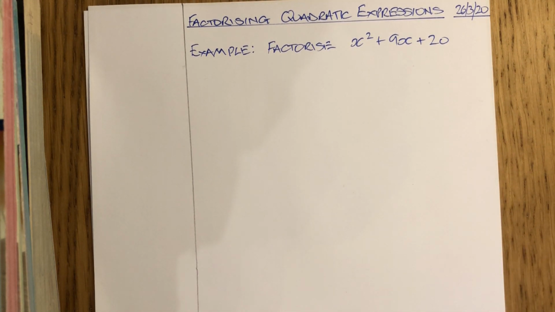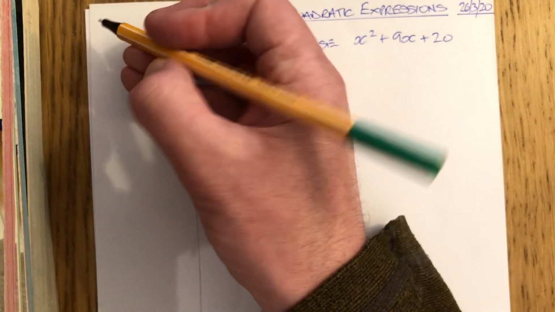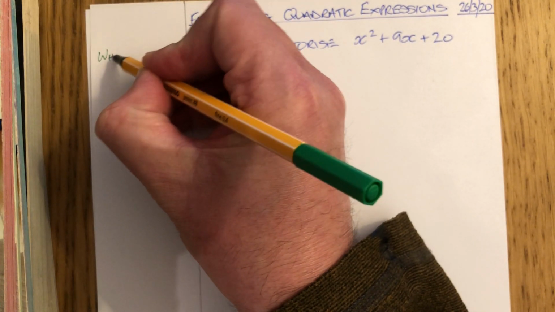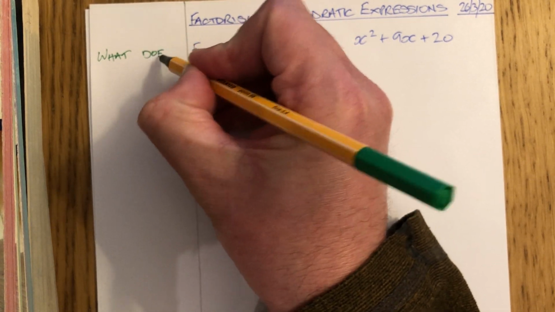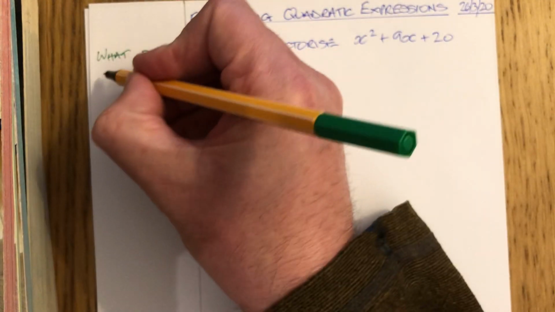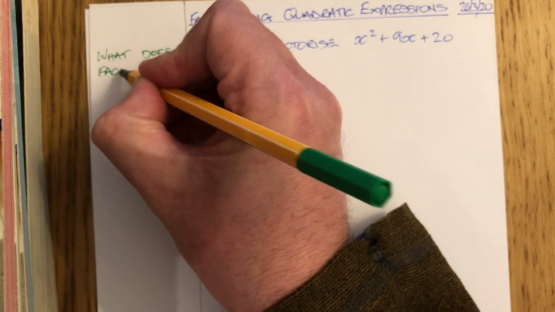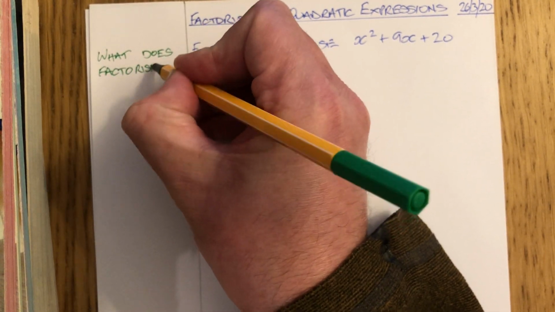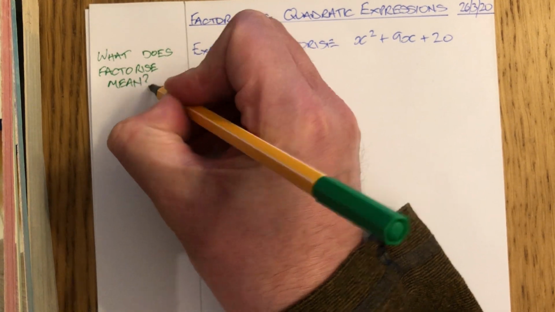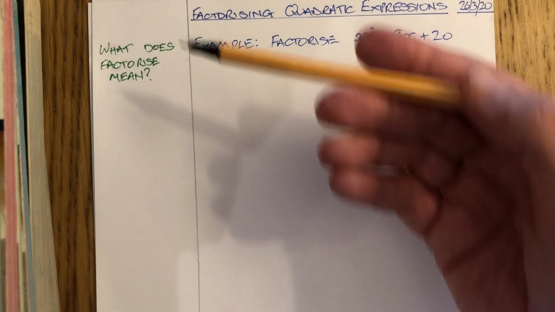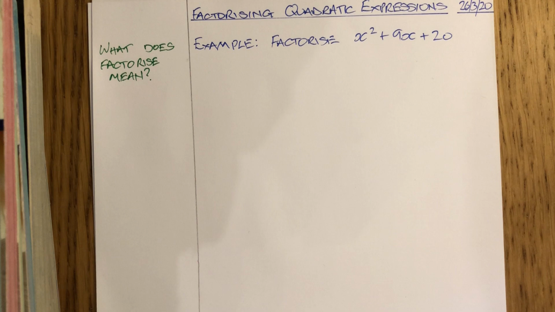So I think the first thing we need to do is to make a note to ourselves in the left-hand margin so we know what this topic is about. So what does factorise mean? Just like in the classroom, I'm making use of the Cornell note structure.